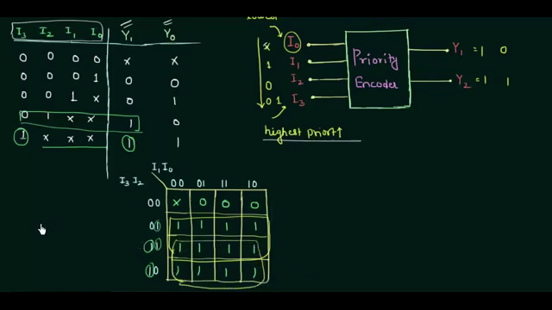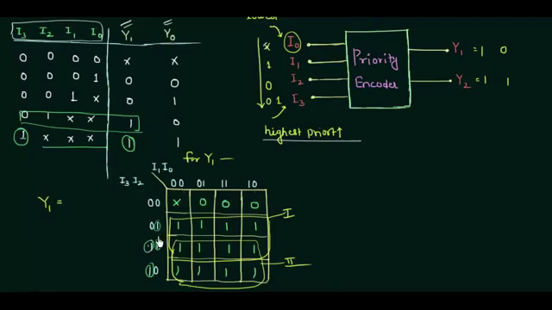Fine, let's write the minimized function. This is for Y1. So Y1 is equal to what? Let's see for this first group of ones, and let's say this is our second group of 1. For the first group of 1 we are having simply I2, because I1, I0 are changing from 0 to 1 and I3 is also changing from 0 to 1.